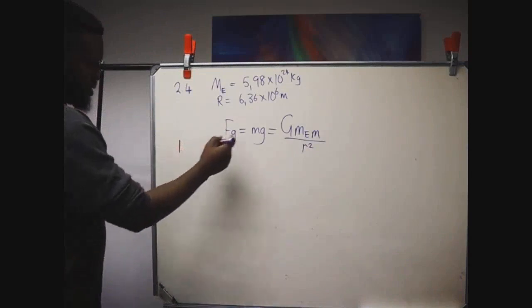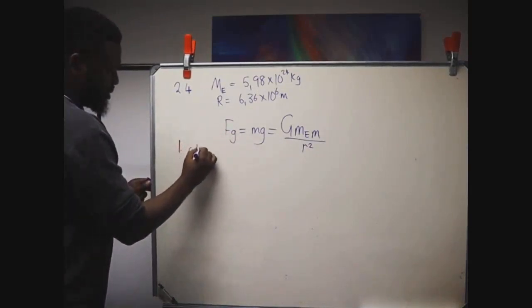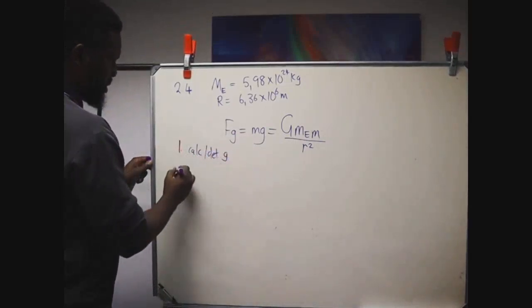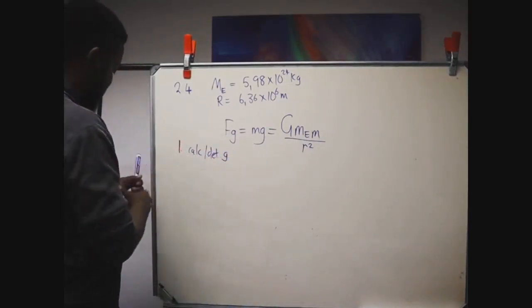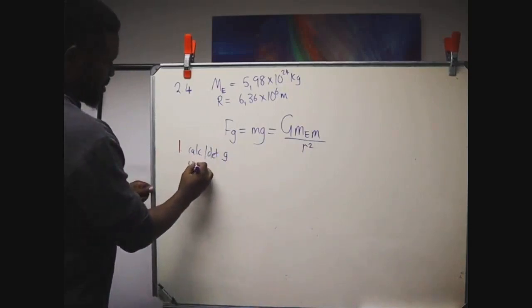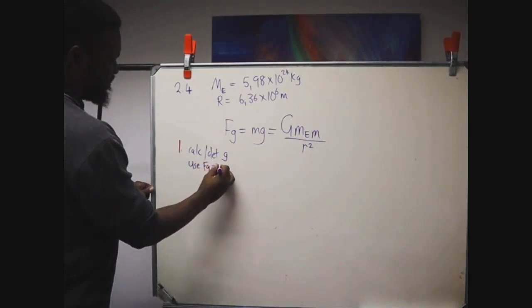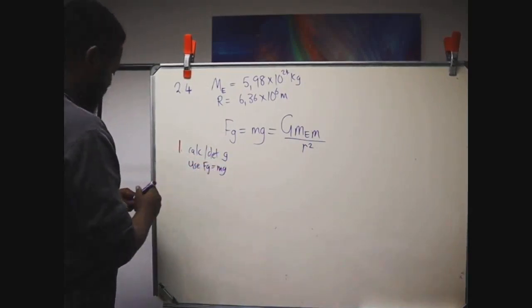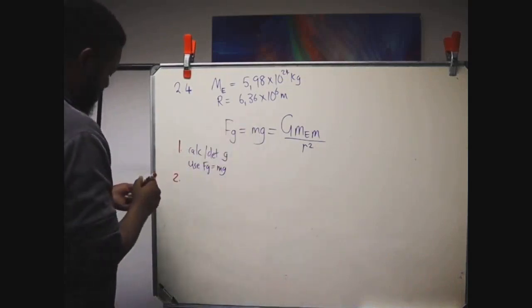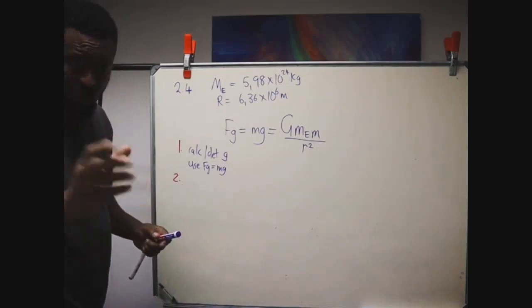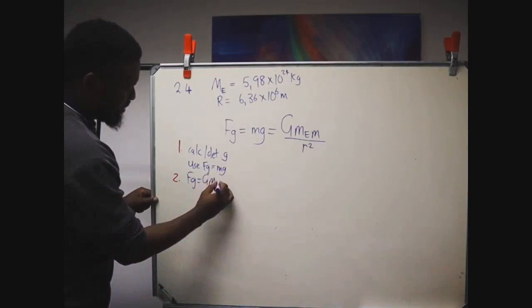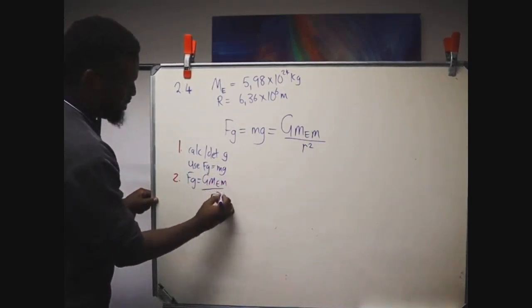One way, calculate G, or maybe determine G, and then after I've determined G, I use Fg equals mg. The second way might be just to use this idea that gravitational force is G M E little m over r squared.